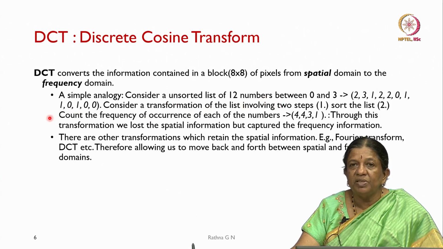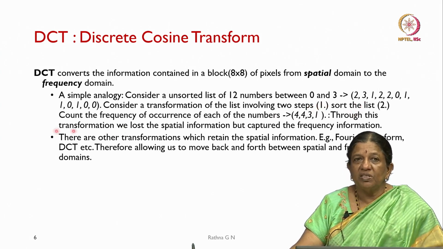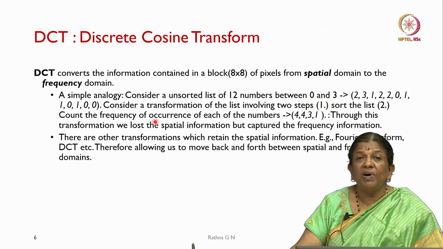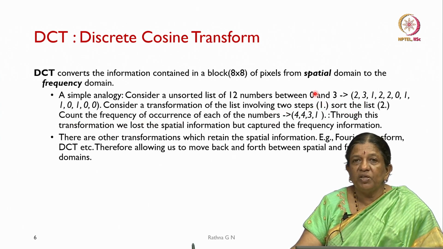The second step is to count the frequency of occurrence of each of the numbers. Because we have only values 0 to 3, it is only 4 numbers we can represent here.